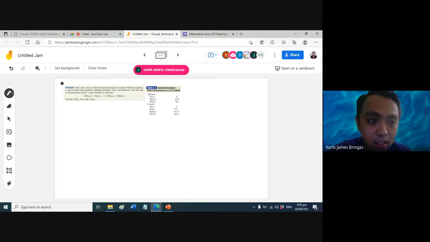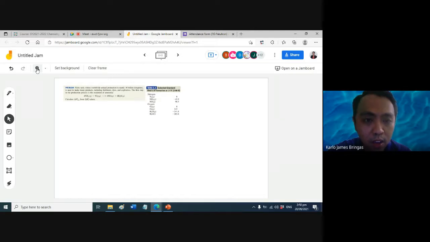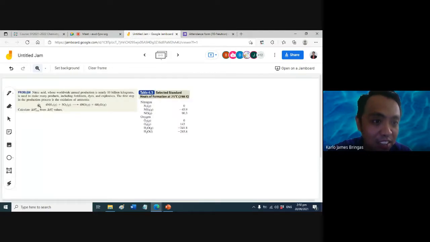So this time, hopefully this one doesn't need a lot of writing on my part. So we have here our nitric acid. So nitric acid, whose worldwide annual production is nearly 10 billion kilograms, is used to make many products, including fertilizers, dyes, and explosives.